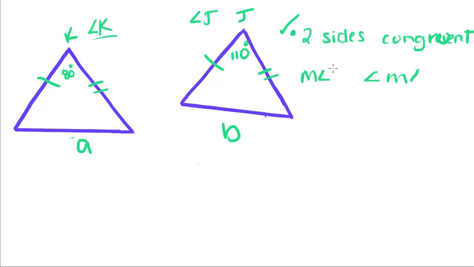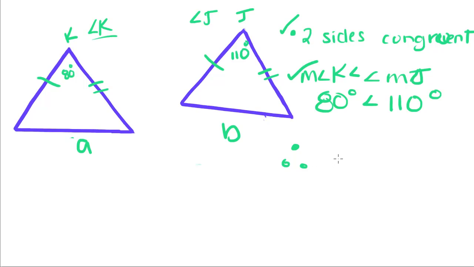I know that the measure of angle K is less than the measure of angle J because 80 degrees is less than 110 degrees. So since I have that, I can therefore say that A is less than B because this angle is less than this angle. So this side is less than this side. That's all that that property tells us.